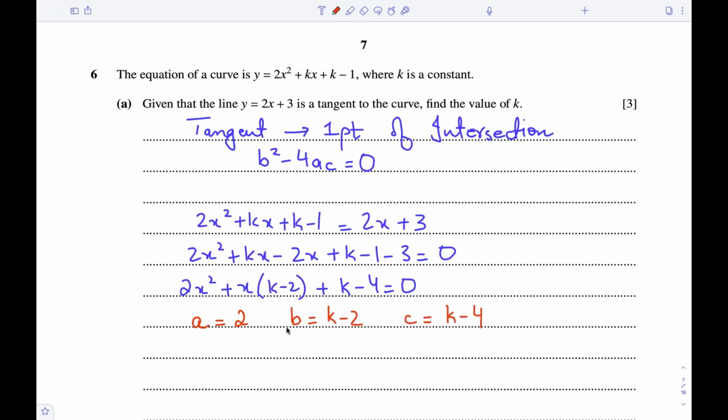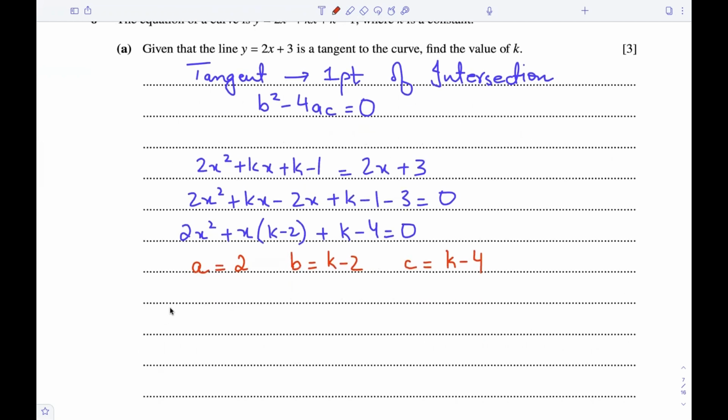Now we know that b squared minus 4ac equals 0, so we can write k minus 2 whole squared minus 4 into 2 into k minus 4 equals 0. Expanding this, we'll get k squared minus 4k plus 4. 4 times 2 is 8. 8 times k will be minus 8k. Minus 8 times minus 4 will become plus 32.